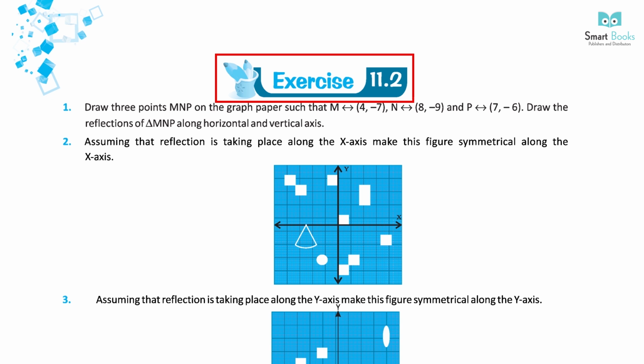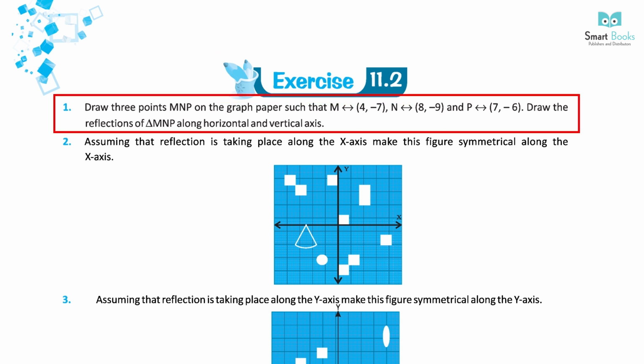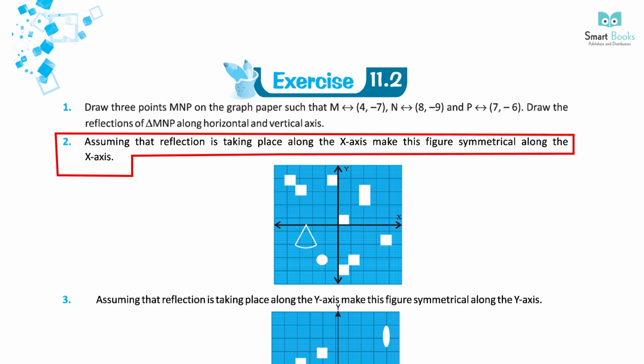Exercise 11.2. Question 1. Draw 3 points L, M and P on the graph paper such that L (4, -7), M (8, -9) and P (7, -6). Draw the reflections of triangle LMP along the horizontal and vertical axis. Question 2.